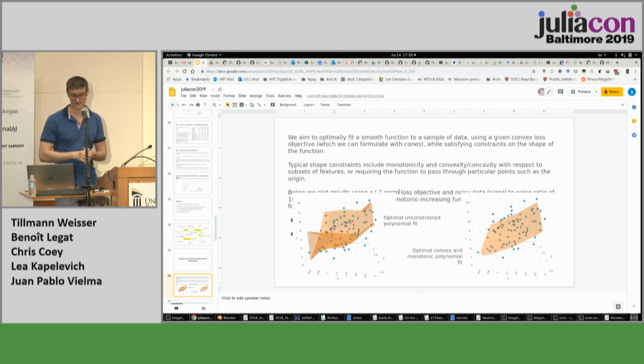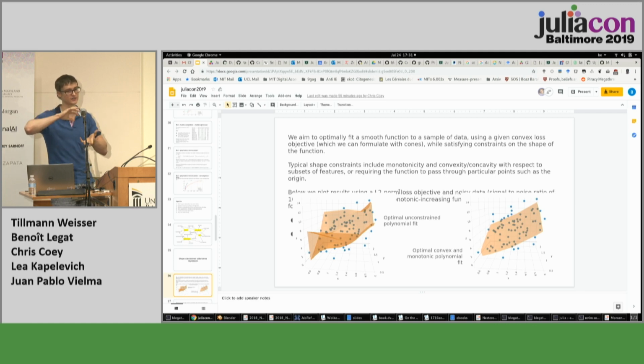Here we have results with an L2 norm objective, noisy data, signal to noise ratio of 0.1. The function that we're generating these points from is e to the norm of x, and x in this case is two-dimensional. On the left we have the optimal unconstrained polynomial fit.